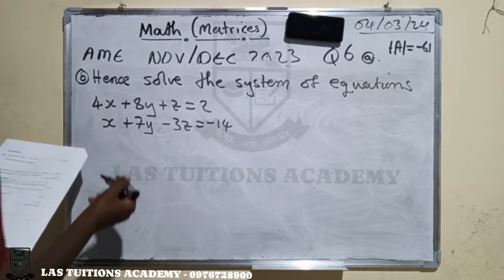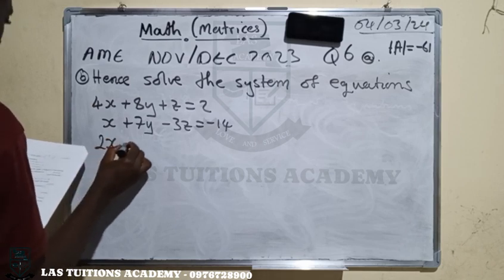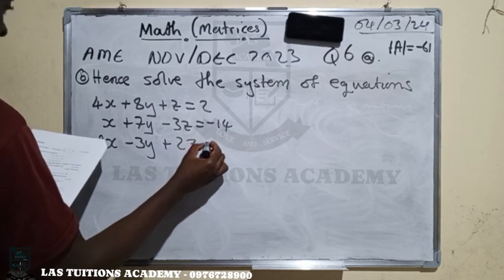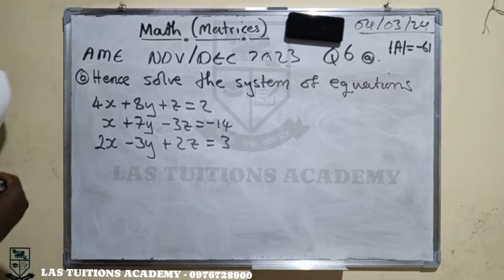So the last one is 2x minus 3y plus 2z is equal to 3. Okay.